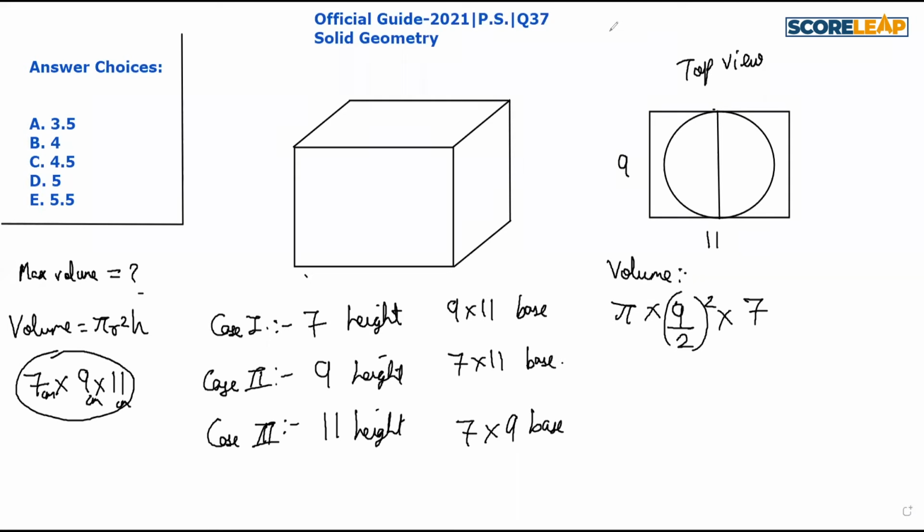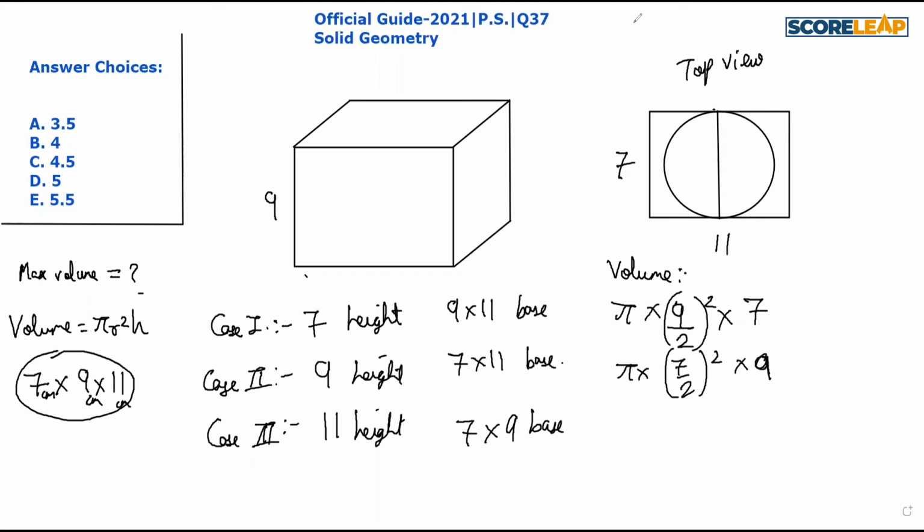So the height is 9 centimeters and the base is 7 and 11. Here the maximum diameter of the cylinder will be 7. It cannot be 11 again; it will be the minimum of the two. So the volume becomes pi into 7 by 2 whole square into 9.